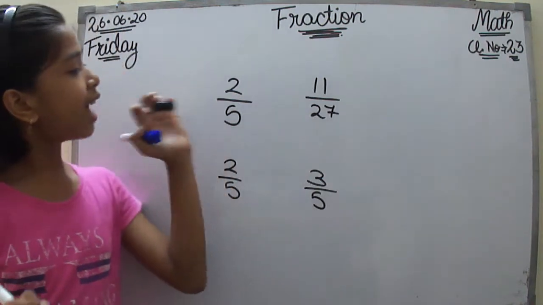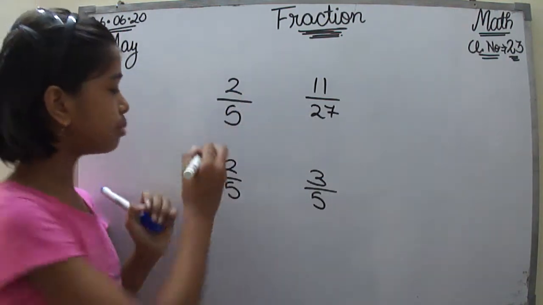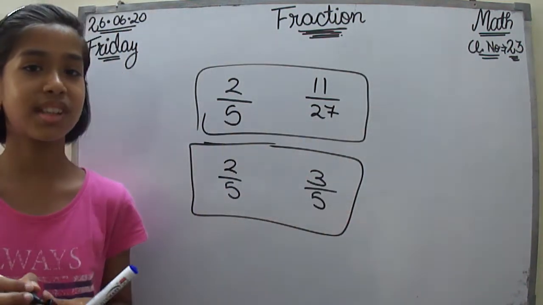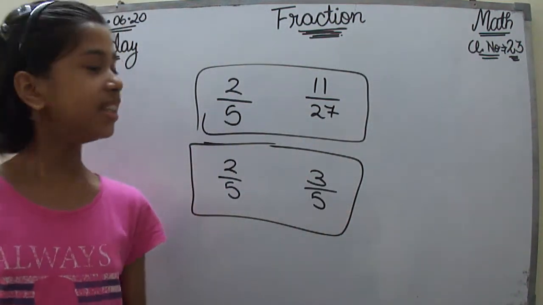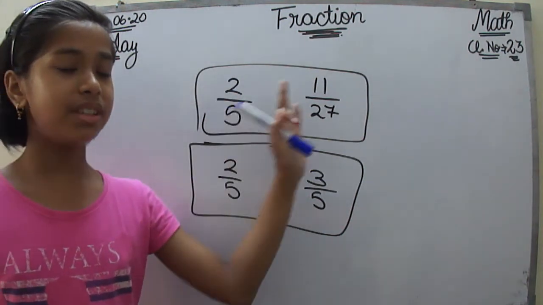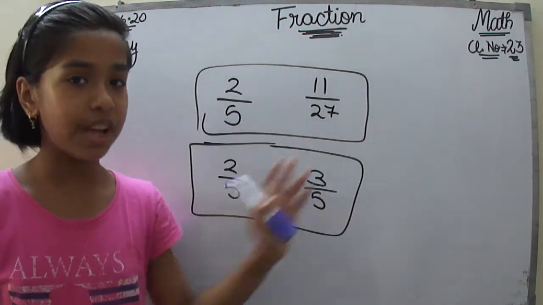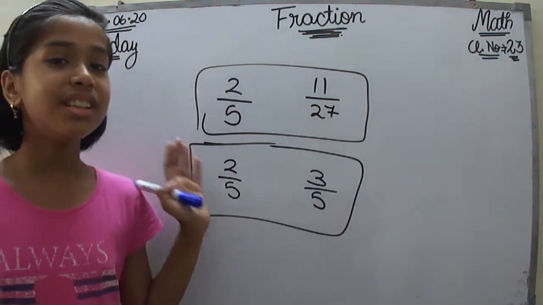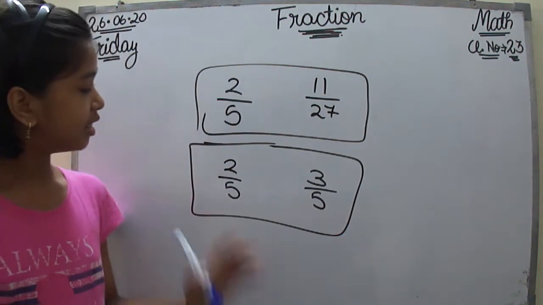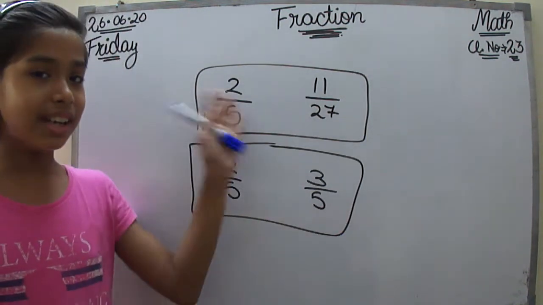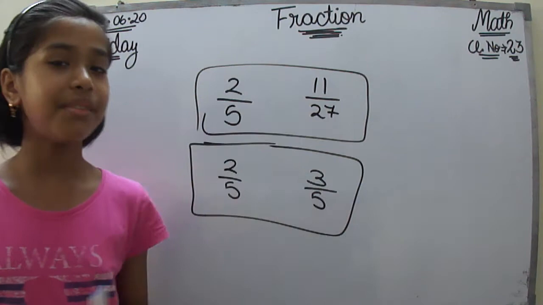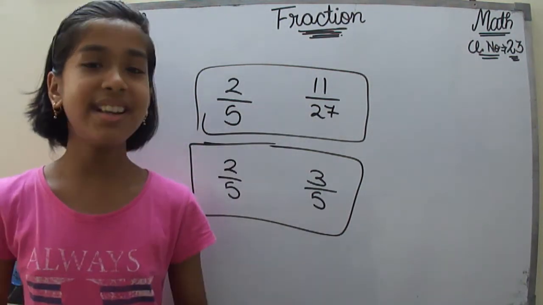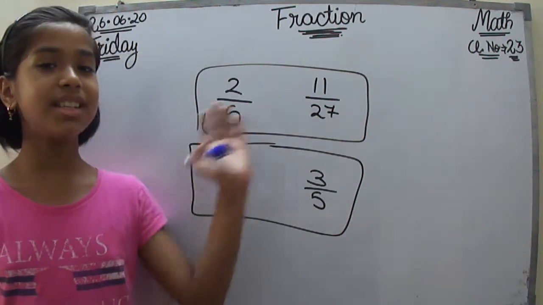Can you see something very interesting about these two pairs? In this pair, the denominators are different, but in this pair, the denominators are the same. Here it is 5 and 5, and here it is 5 and 27. So, as I think you guessed, this is the like fraction pair and this is the unlike fraction pair.